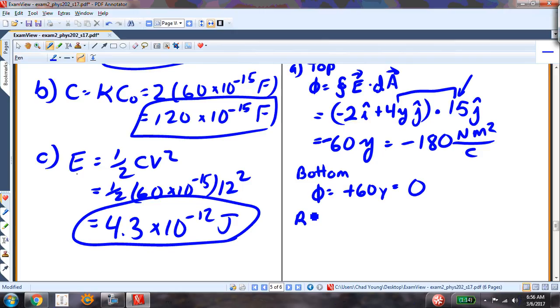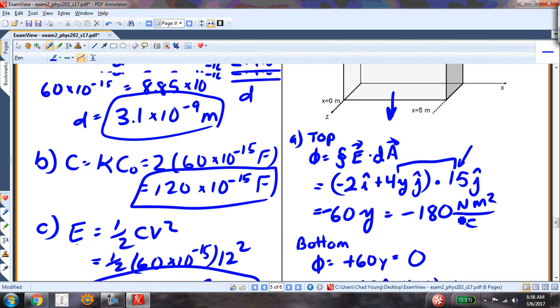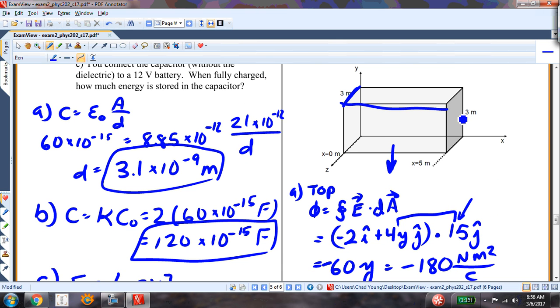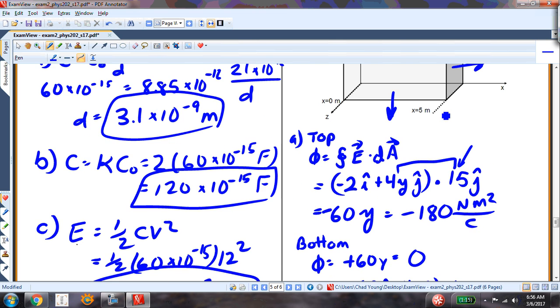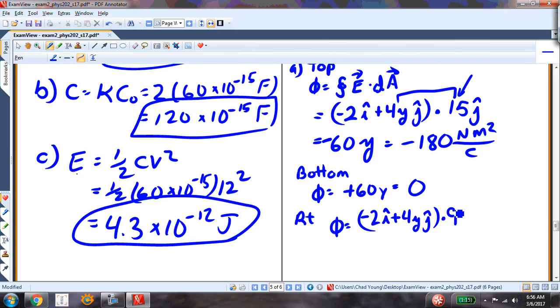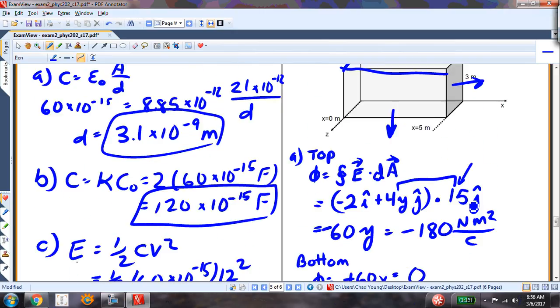Now let's do the right. Negative 2i plus 4yj dotted with 15. Oh, actually, let's see, I made a mistake here. The right is over here. It's going to be times 9i. My area vector here has a value equal to 9.